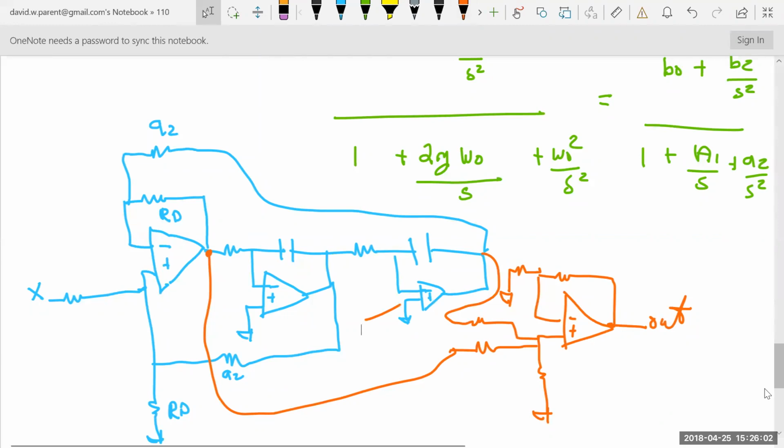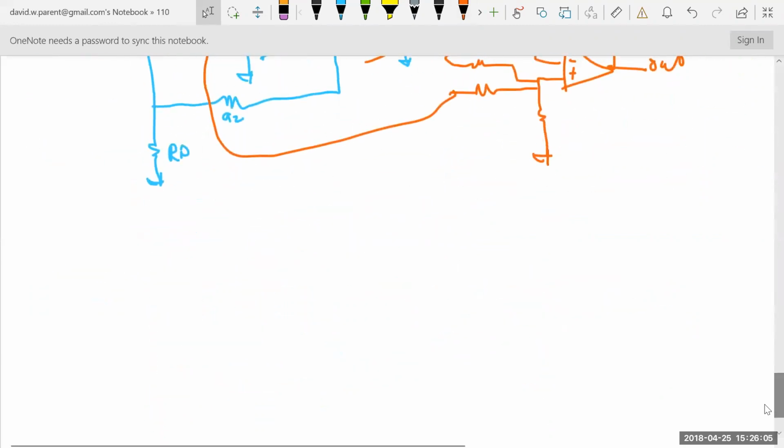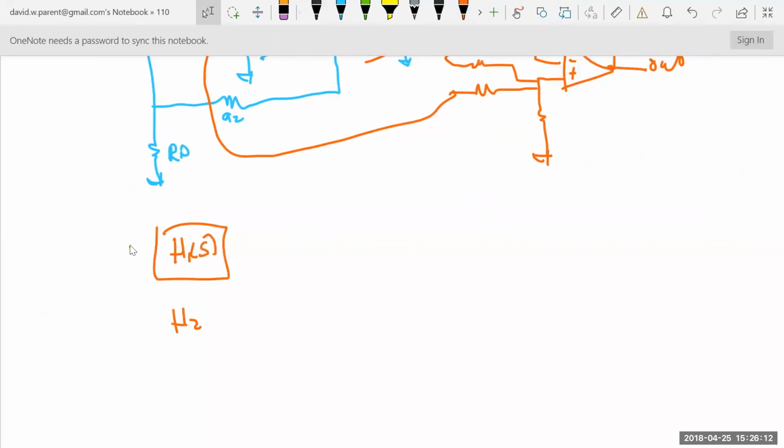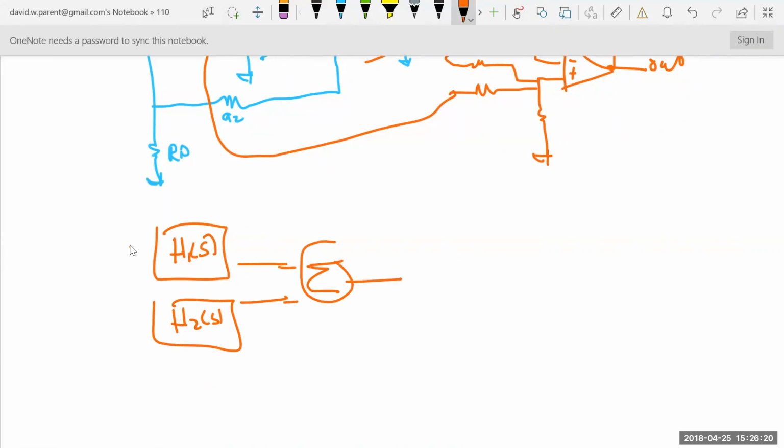If you remember those homeworks way back when, where you said H1 of S, H2 of S, and sum it, that was the parallel. Well, that's what it's doing. But since the denominator is the same, it's easy. But where do H1 and H2 come from? Well, a feedback type configuration. So that's a little bit more review.